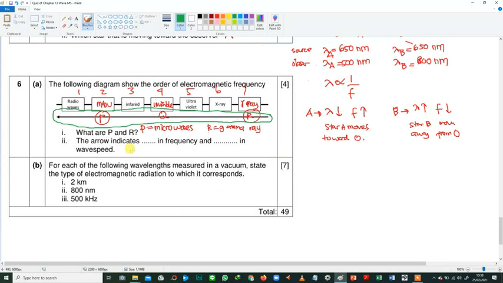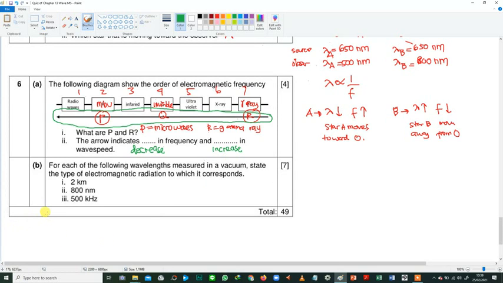So you can say decrease in frequency. And what happens with the wave speed? Wave speed is inversely proportional, right? So the opposite of decrease is increase. What if I write change and change? Cannot. That's going to be 0, because you have to indicate specifically, because the direction of the arrow is specific.